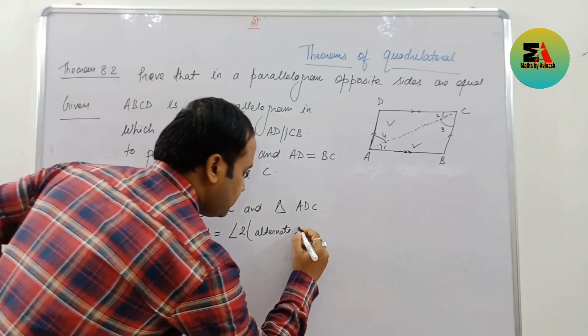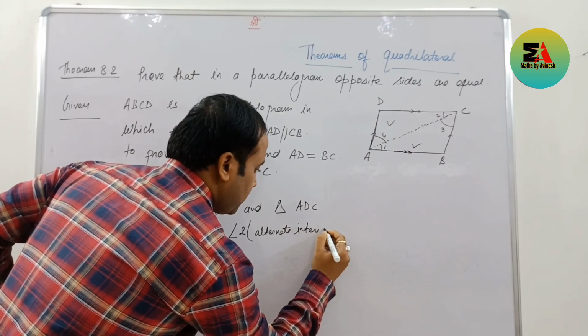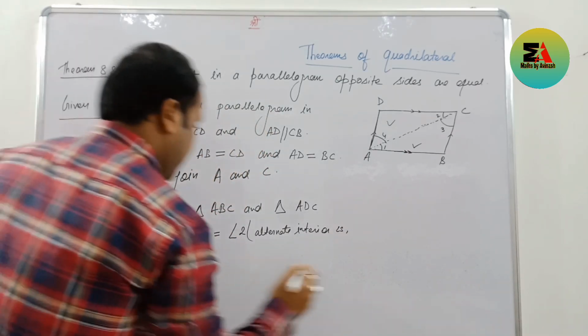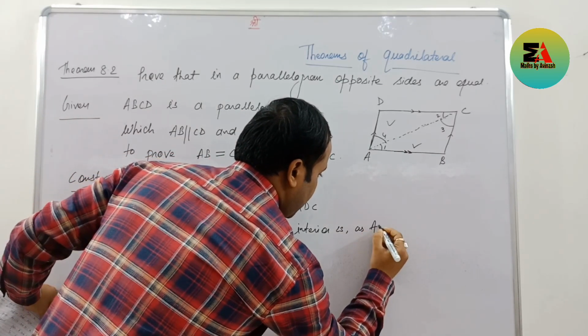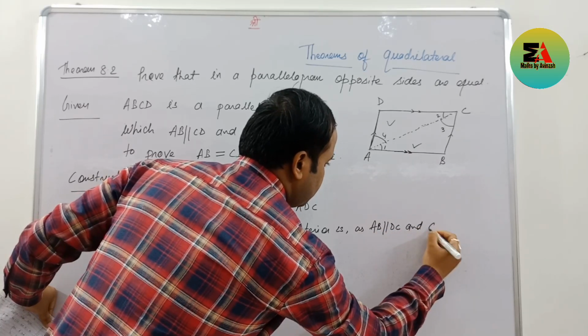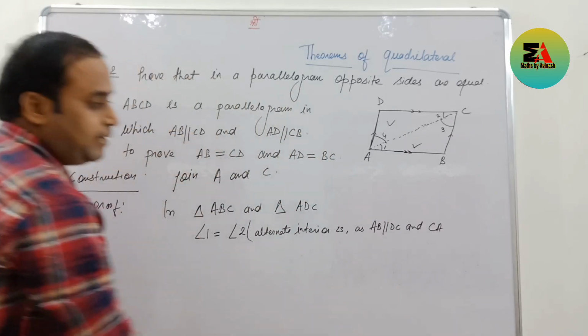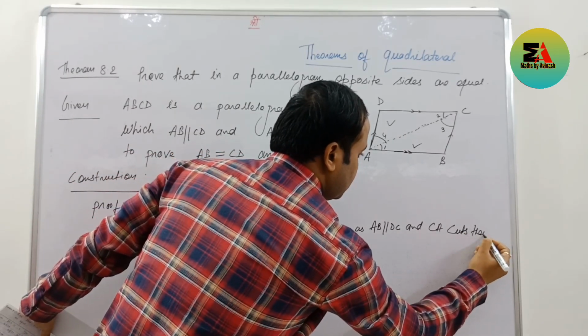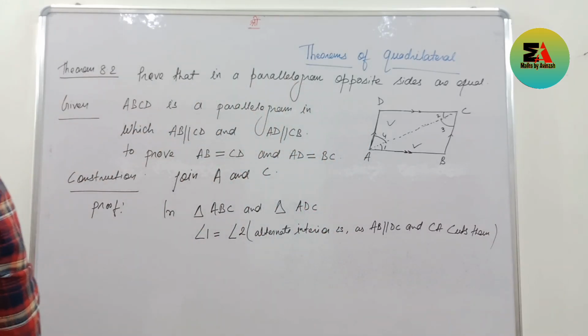Alternate interior angles. Why? AB is parallel to DC and CA cuts them. Clear?